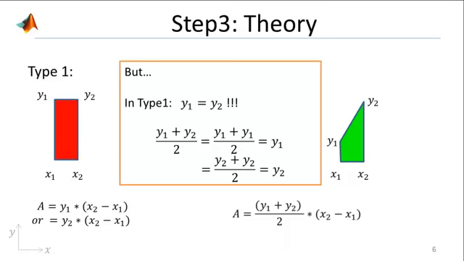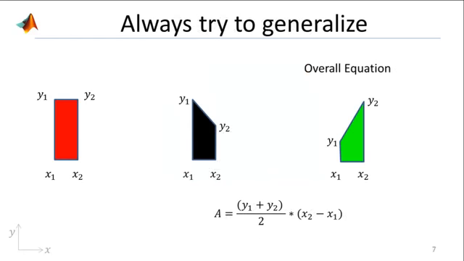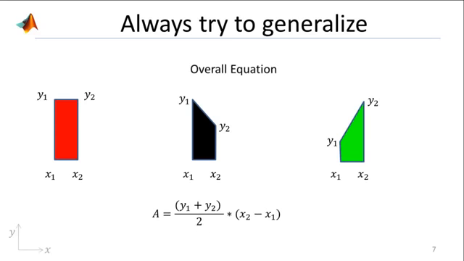If you think about it, in type 1 we have y1 equals y2. So if we apply the actual equation overall, y1 plus y2 over 2 still simplifies to y1 or y2. So in reality, there is only one equation for this entire problem. So don't jump and code immediately without first thinking of the equations that you will have to code.